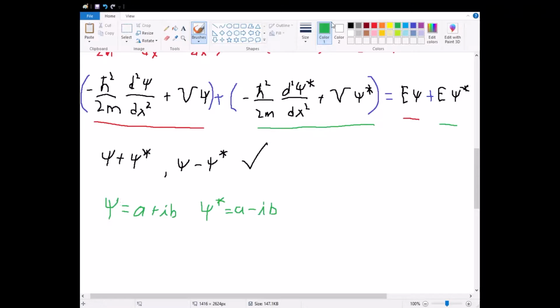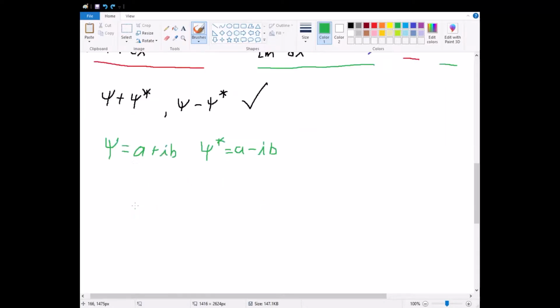If I enforce psi plus psi star, well, okay, so let's say we know that psi is a solution to our function. We also know that psi star is a solution to our function. So as a result of that, psi plus psi star and psi minus psi star are also solutions to our function. Well, psi plus psi star, that's just equal to a plus ib plus a minus ib.